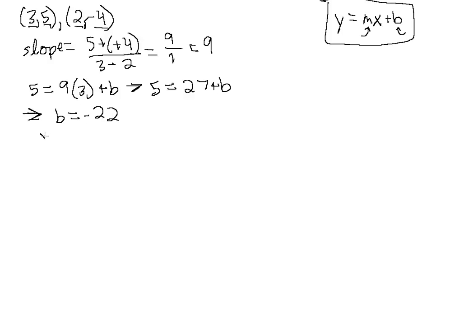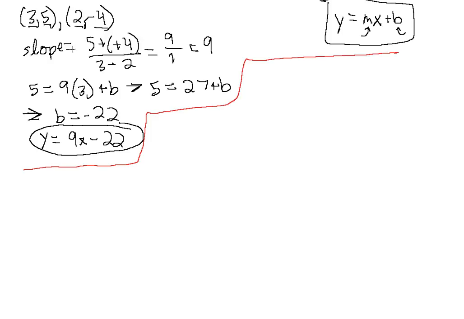So our general form is y = 9x - 22, and that's our answer. Just like in the previous section, we want to find the slope and plug that and 1 point into our general form to get our slope-intercept equation for the given line.